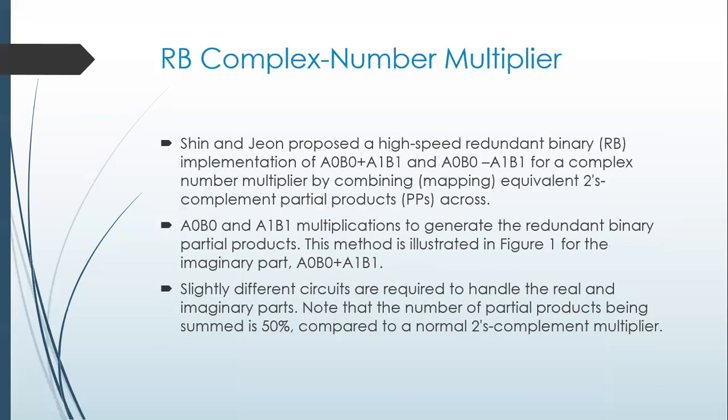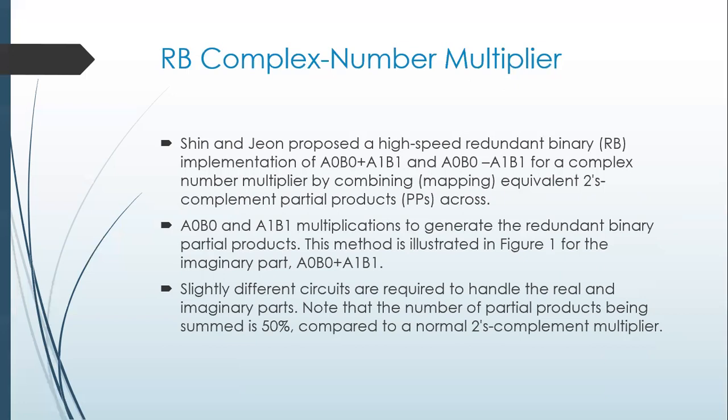Now, about the RB complex number multiplier, Shin and Jian proposed a high-speed redundant binary implementation of A0B0 plus A1B1 and A0B0 minus A1B1 for a complex number multiplier, by combining or mapping equivalent two's complement partial products across A0B0 and A1B1 multiplications to generate the redundant binary partial products.